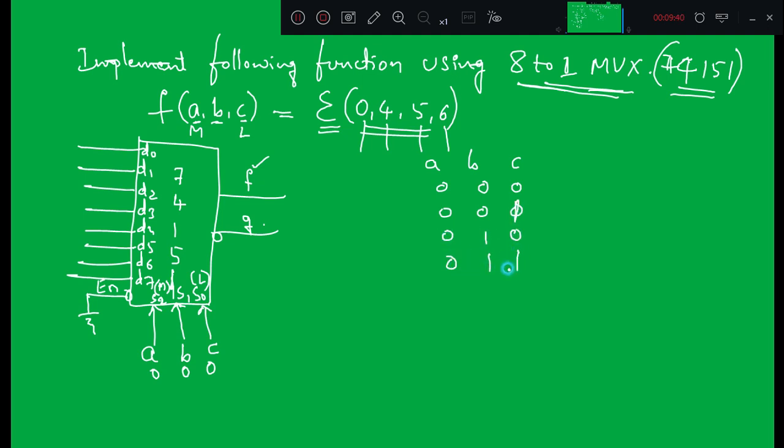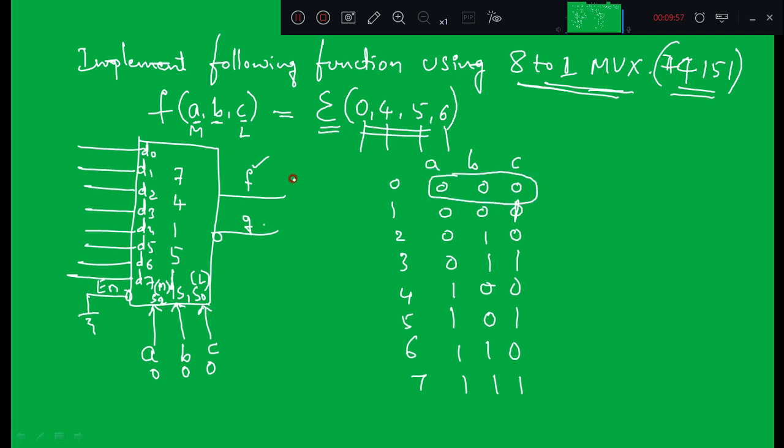So these are the 8 input combinations: 0, 1, 2, 3, 4, 5 which is 1 0 1, 6 which is 1 1 0, and 7 which is 1 1 1. When select line is 0 0 0, the mux is going to select data line D0, and whatever data I keep here will appear on the output F.